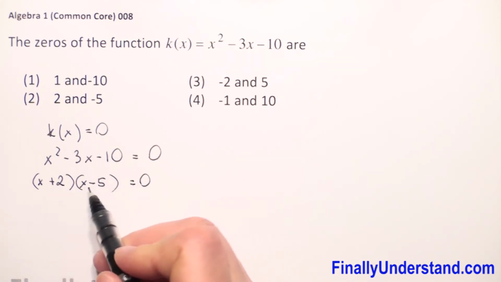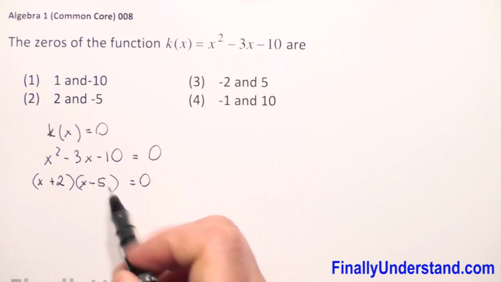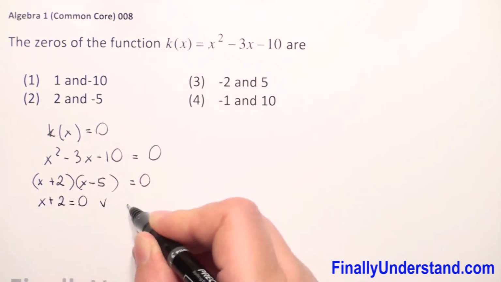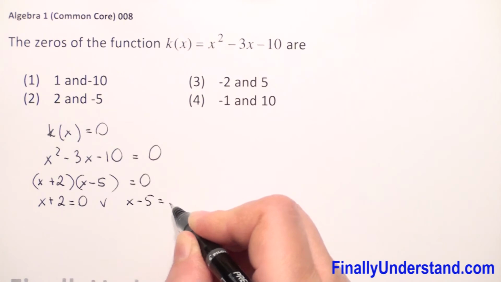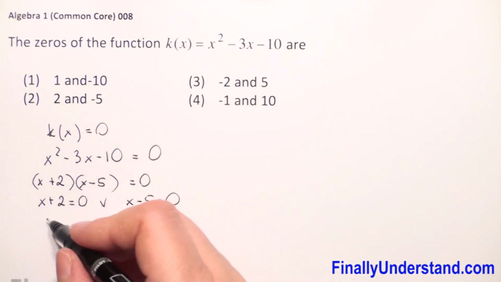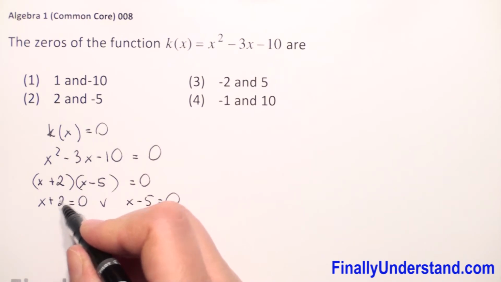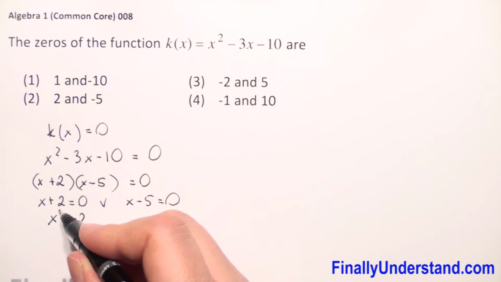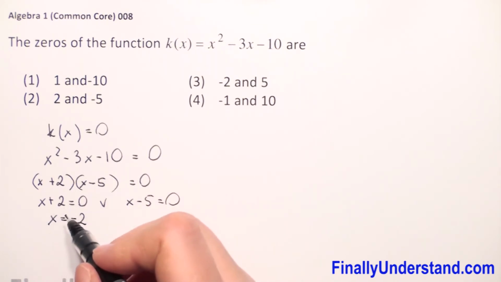When these two expressions give me 0, when one will be 0, x plus 2 will be 0, or x minus 5 will be 0. So now we have to solve these two linear equations. We move positive 2 to the right side, so x is equal to negative 2. When we move to the other side, we always need to change the sign.